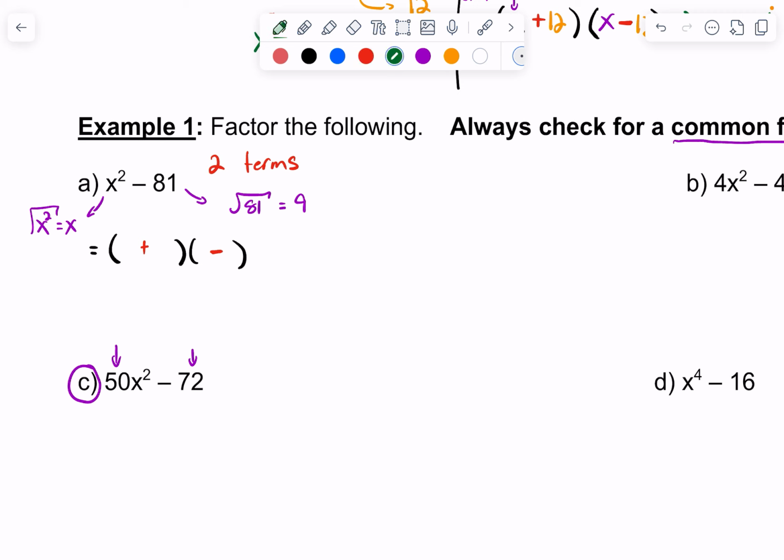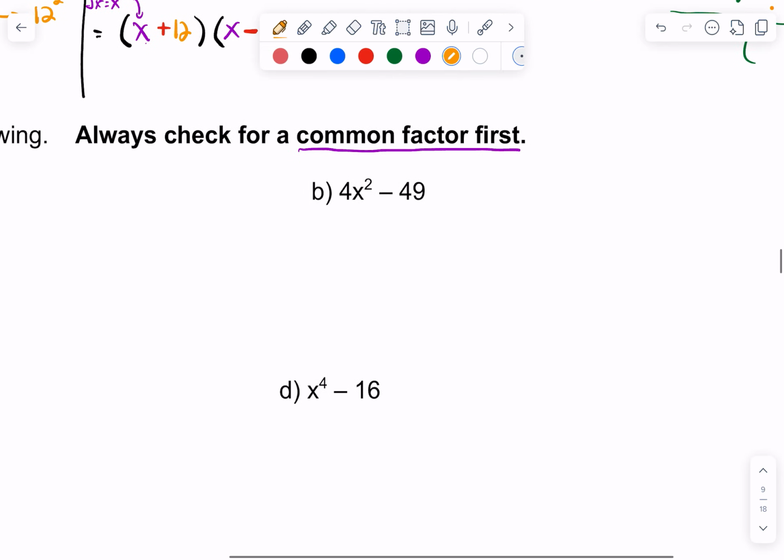Well, the square root of the first term. So we've already done the math right here. So that would be x. So an x goes here and an x goes here. And then the thing that goes after that plus and that negative is the square root of the second term. In this case, we also did the math. It is 9. So a 9 would go here and a 9 would go there. And there you go. That is factored form.